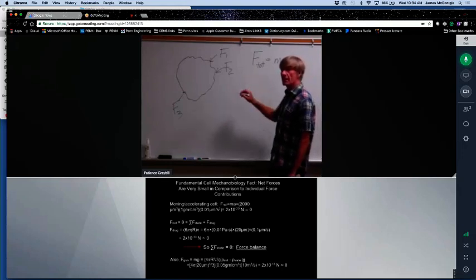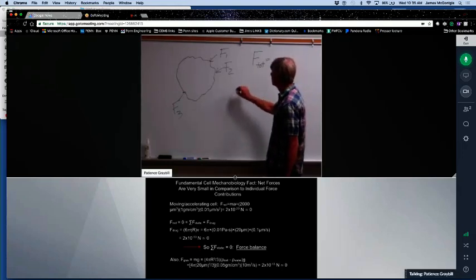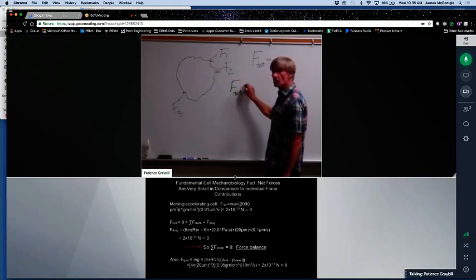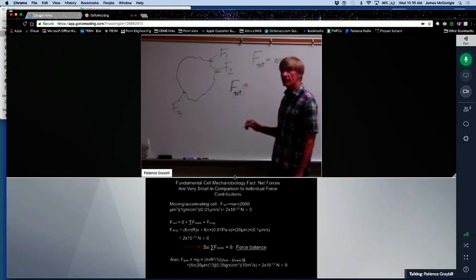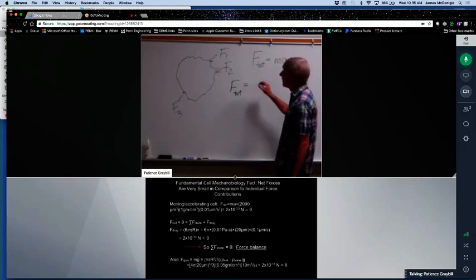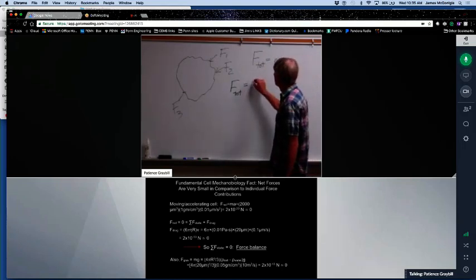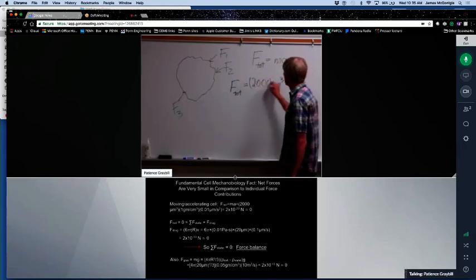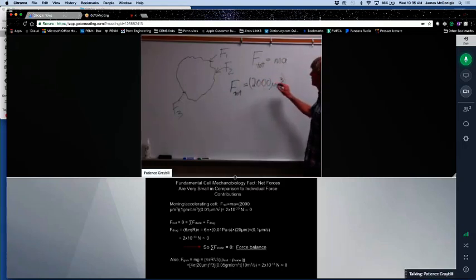So for example, let's think about an accelerating cell. We'll say that F total is mass times acceleration. And the mass of a cell is like the volume of the cell times its density, which is about the density of water. So that's 1 gram per centimeter cubed.